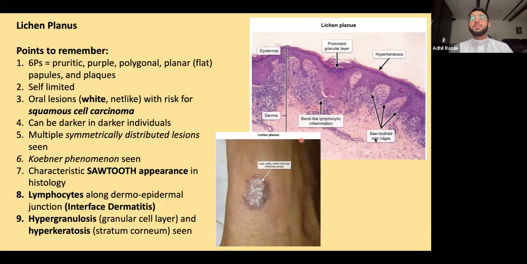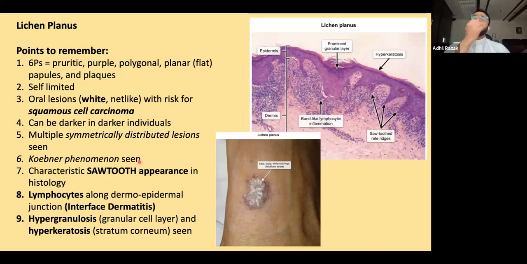Lichen planus, the most giveaway aspect of it, can be described by 6 P's. It is pruritic, itchy, purple, polygonal, not a square or a circle, and planar, flat, with papules and plaques. It is self-limited; it comes and goes. There could be oral lesions in these patients with a risk for squamous cell carcinoma.